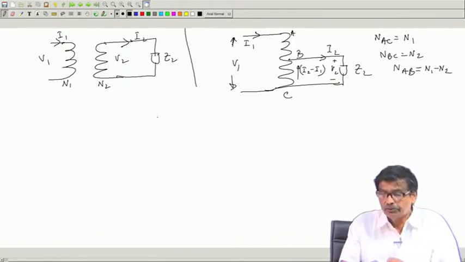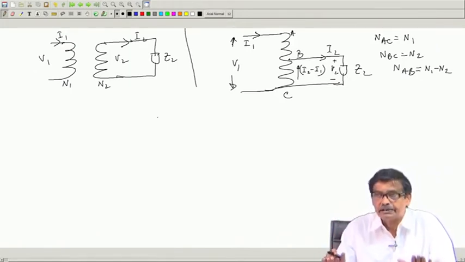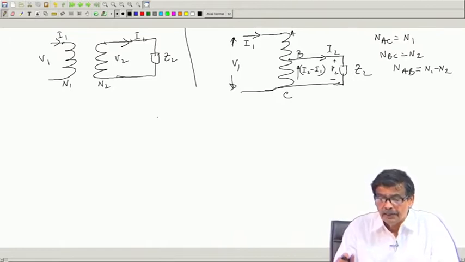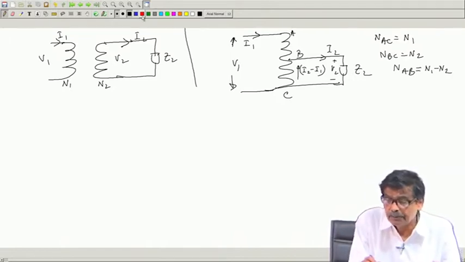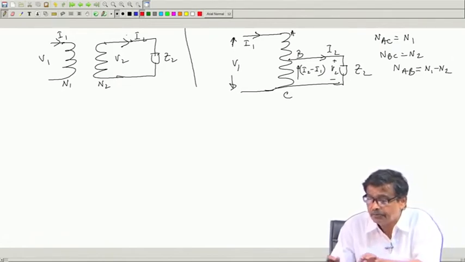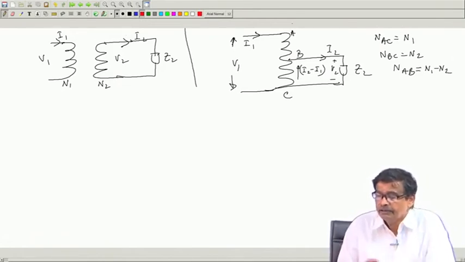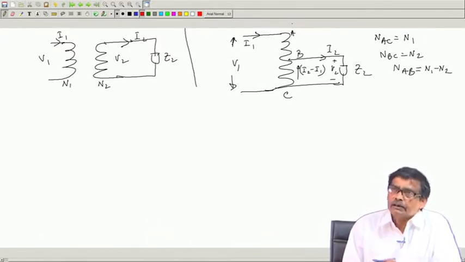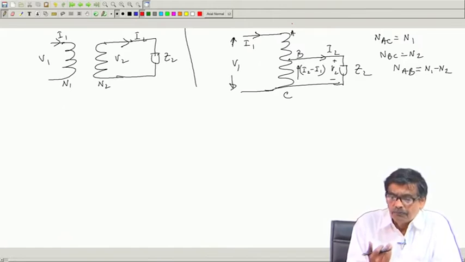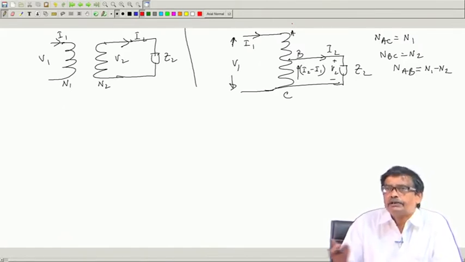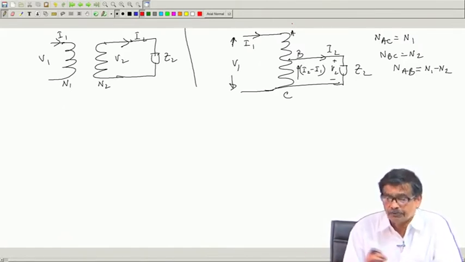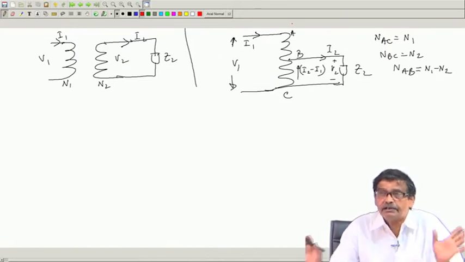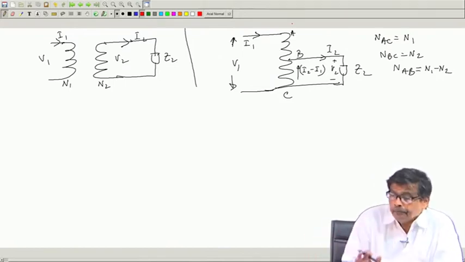Now, what I will do? These two transformers are of same rating. If these two are put in a black box, only two terminals are available, you will not be able to distinguish whether a two winding transformer is doing the job or an auto transformer is doing the job, so far as the output terminals are concerned. Okay.